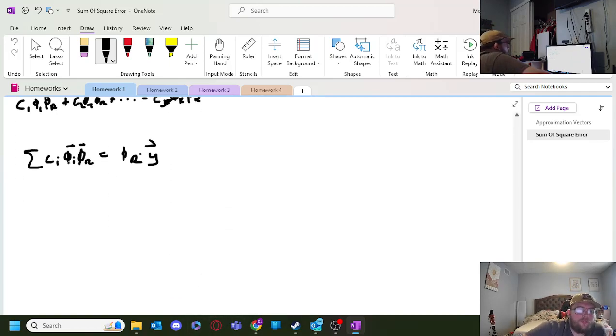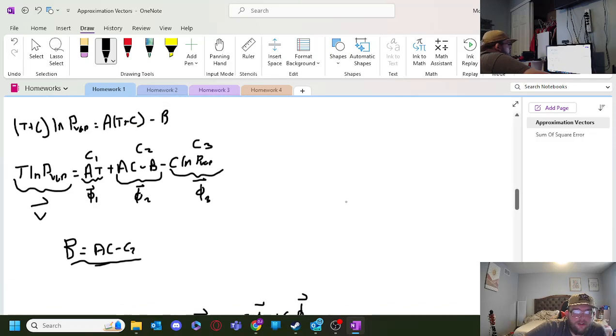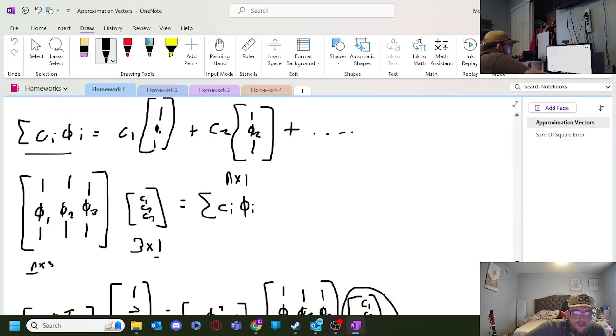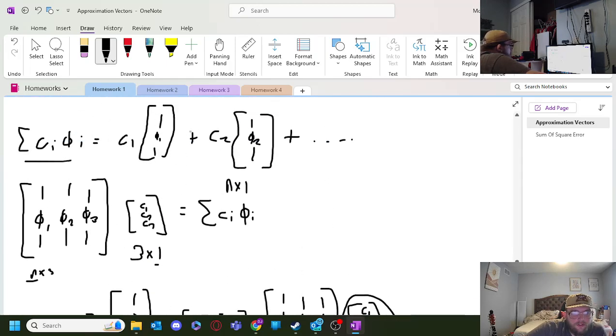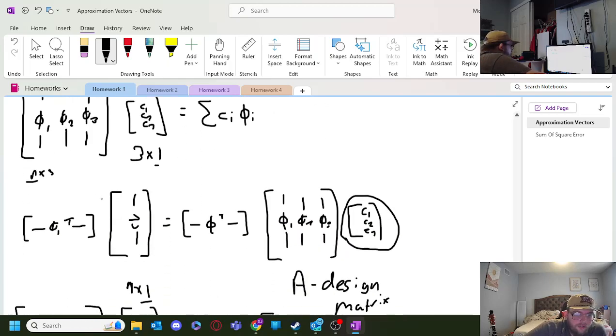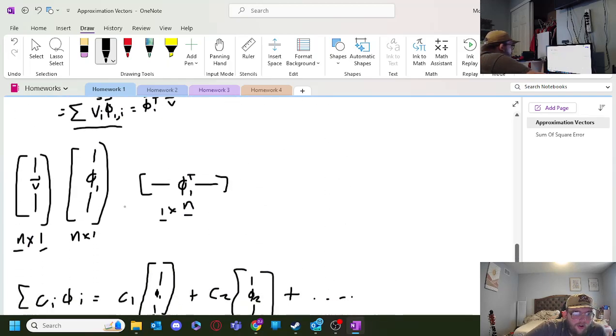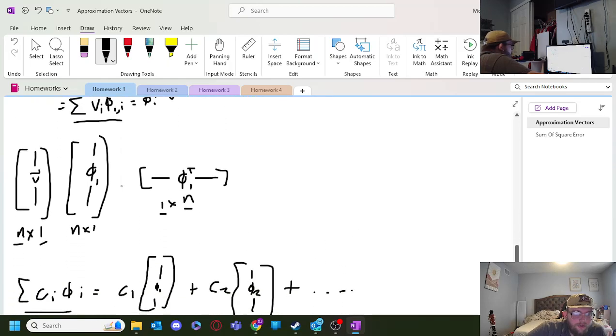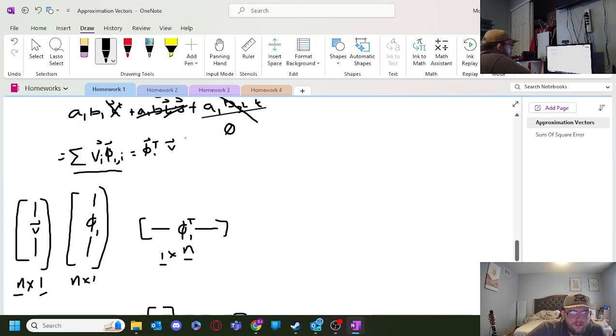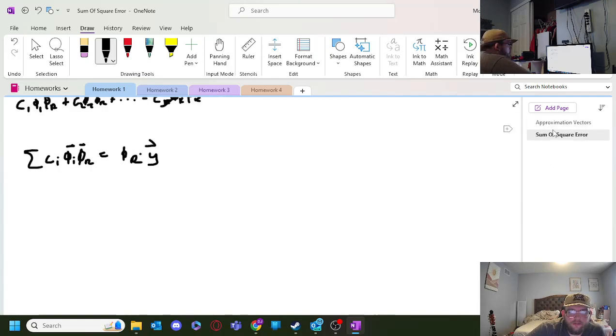Just like we did with the approximation vectors down towards the bottom somewhere, our dot product can be rewritten in matrix multiplication terms as the transpose of one multiplied by the other vector.